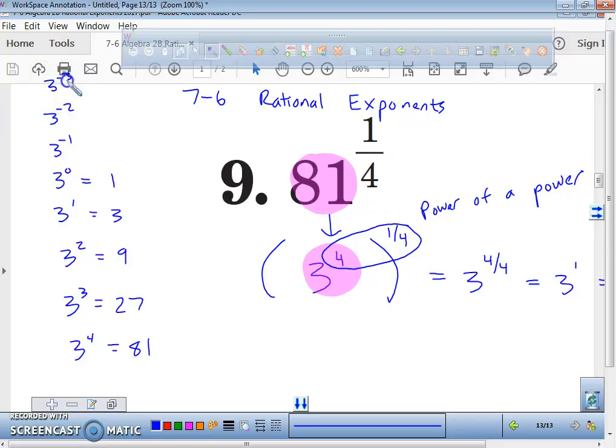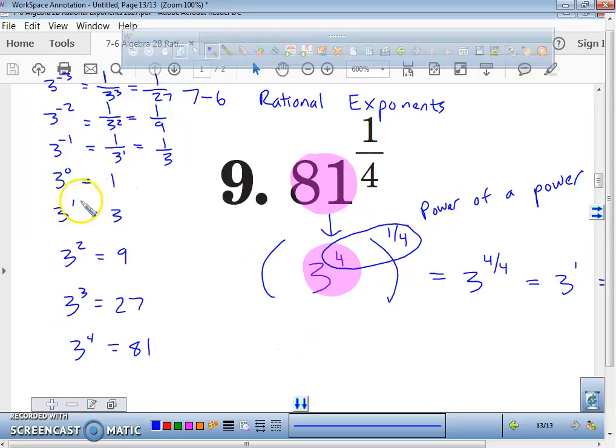We're going to stop at 3 to the negative third. 3 to the power of negative 1 is going to be 1 over 3 to the first, which equals 1/3. 3 to the power of negative 2 is going to be 1 over 3 squared, which becomes 1 over 9. 3 to the negative third is going to become 1 over what? 3 to the third, which is 1 over 27.